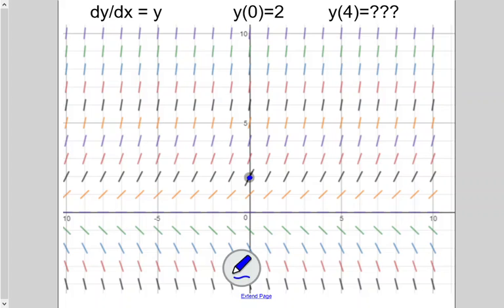If I had the point (0, 2), then what's my slope? It's 2 times (x minus 0). So my equation would be y equals 2x plus 2, right?